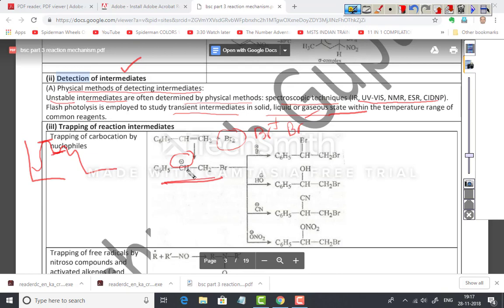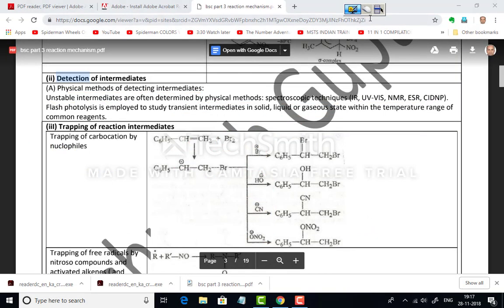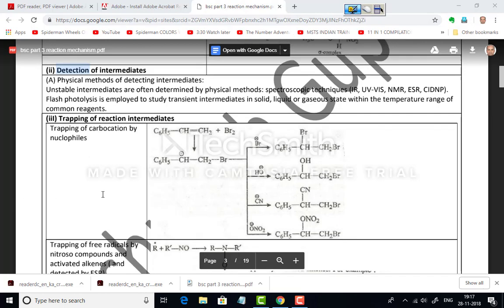Now Br minus can come over here, so we have this formation in place. If we have OH minus, CN minus, or say nitrite, we can have all of these. So in a way, we are using all these anions to trap this C plus. Similarly, we can trap free radicals.